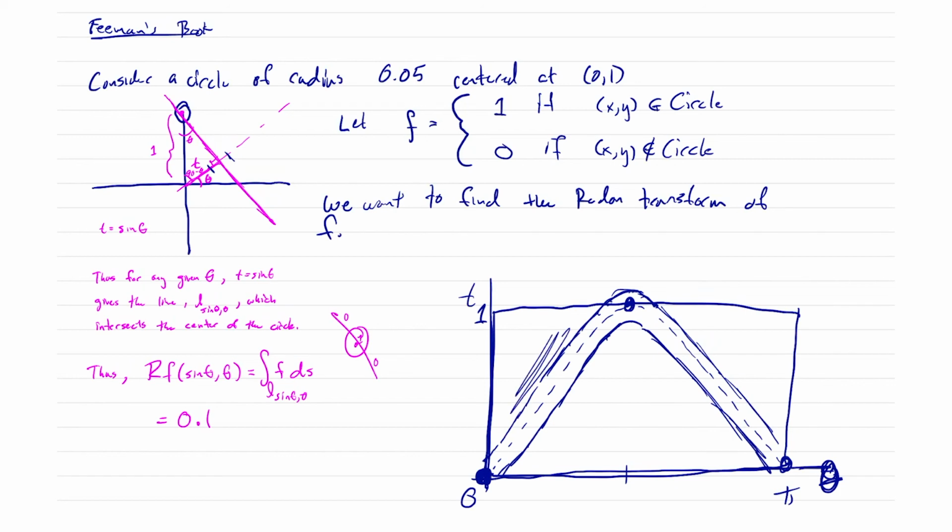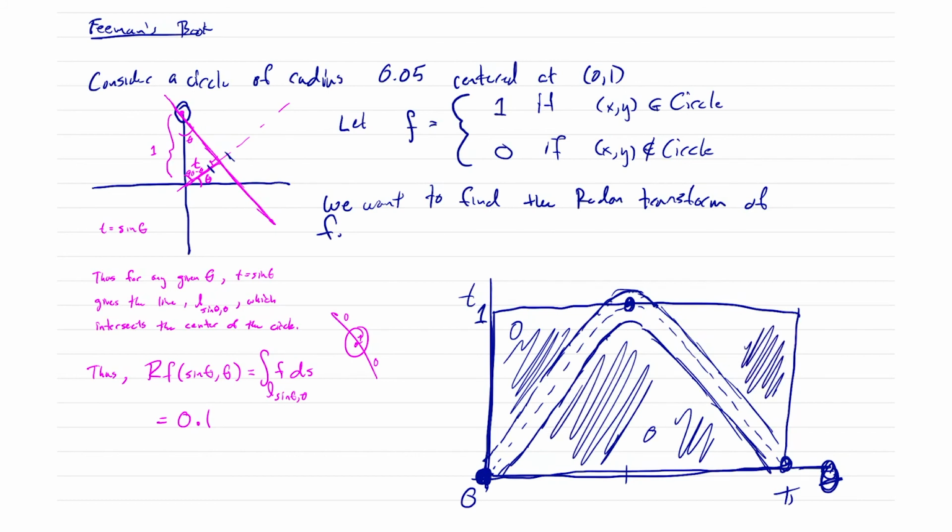And so out here, this is all 0. Right? And so that's what we get. That's the sinogram for just this little circle. And it's called a sinogram mainly because it gives you things like this.